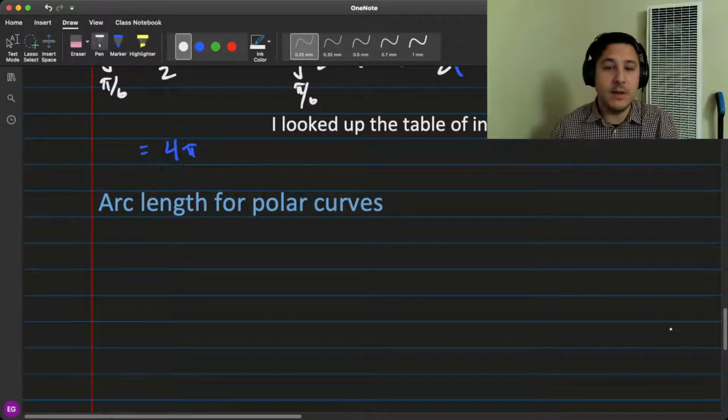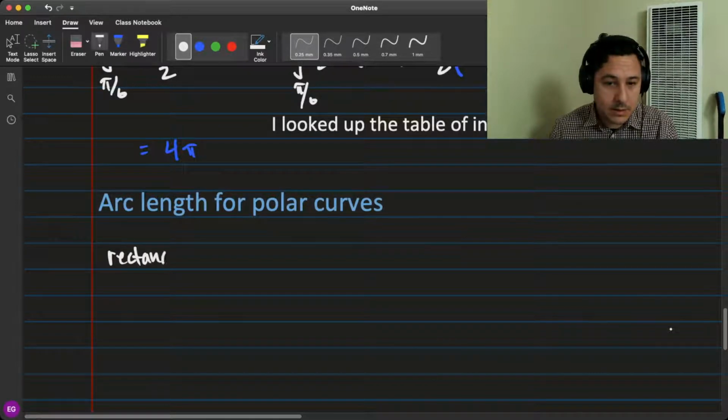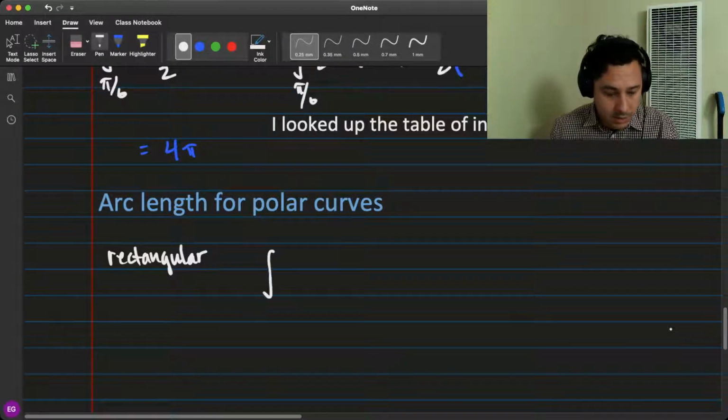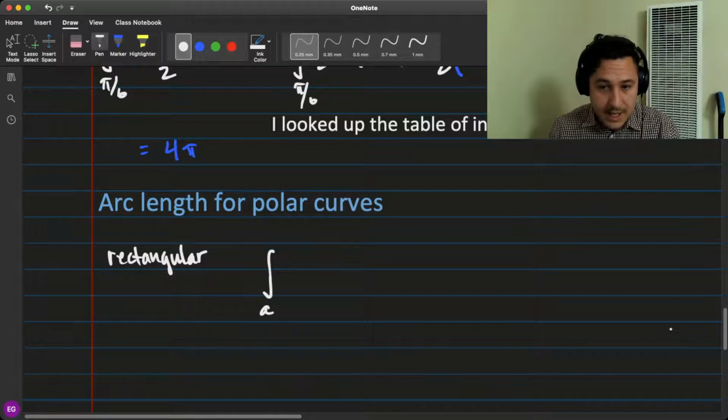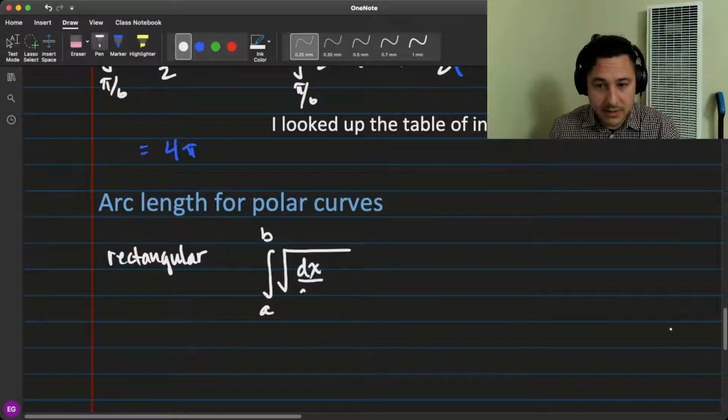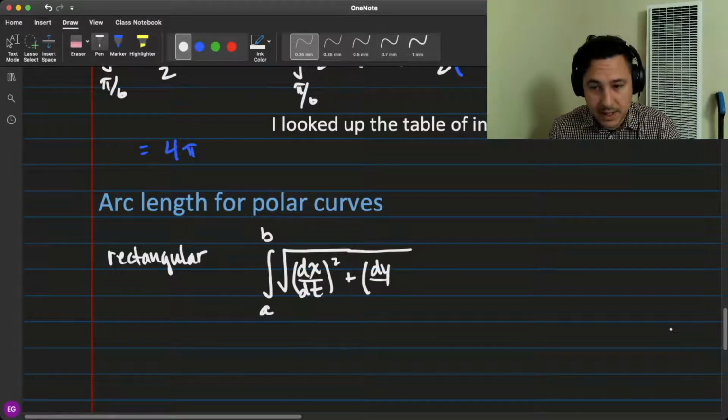Do you remember for rectangular coordinates you had a nice formula? It was the integral from a to b of the square root of the derivative of x with respect to t, quantity squared, plus the derivative of y with respect to t, quantity squared, dt.